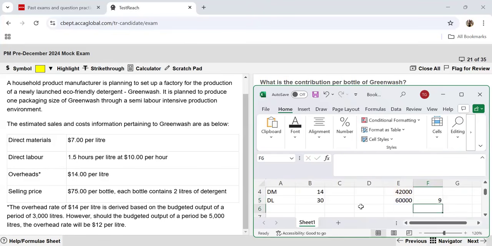So this will give you $9 as the variable overheads per liter. So my variable overheads per liter is 9, and I need to multiply this by 2 because every bottle has 2 liters. So now my variable cost comes out to be the sum of all of this.